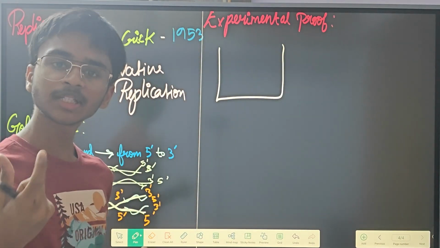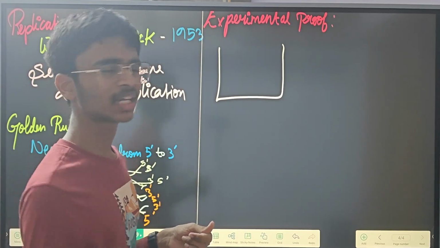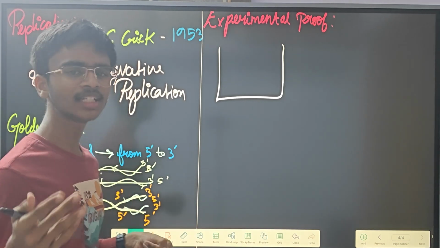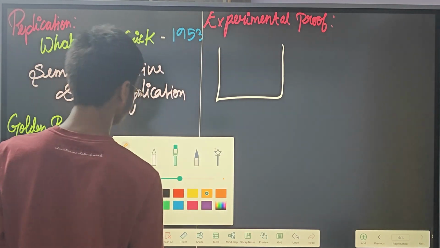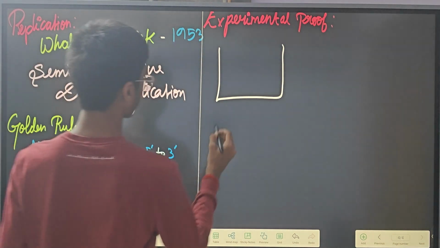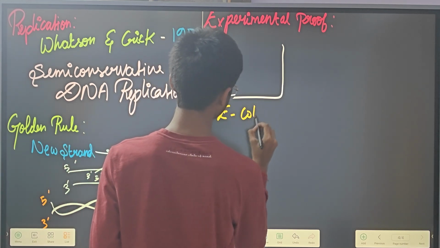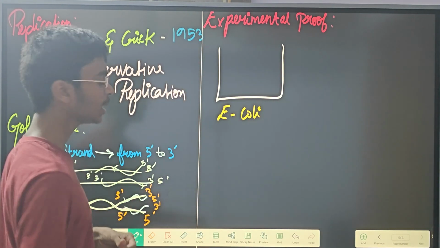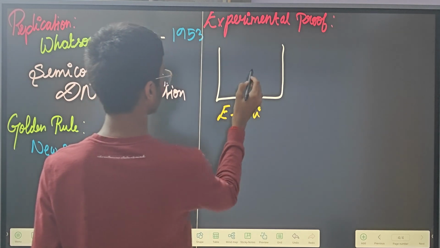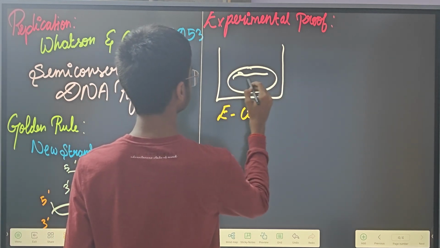In this they have put E. coli. E. coli is very abundant, which is why every scientist takes E. coli. So for example, if this is an E. coli cell, then this E. coli cell will have DNA in it, right?